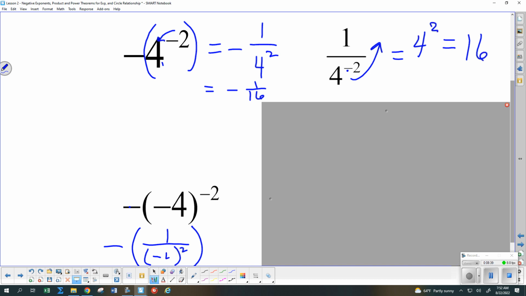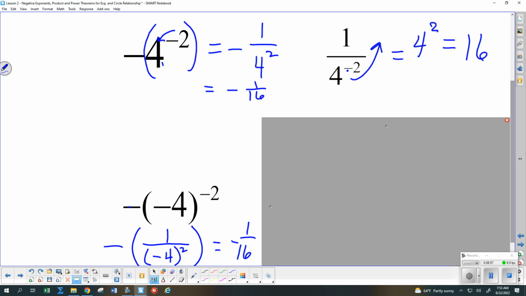So if I put a -4 down here, what is a -4 times -4, everybody? So this one becomes -1 over 16. Same answer that we had on the first one, just a little bit different reason for getting there.